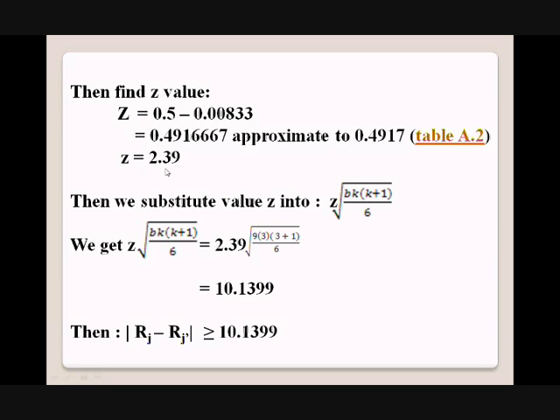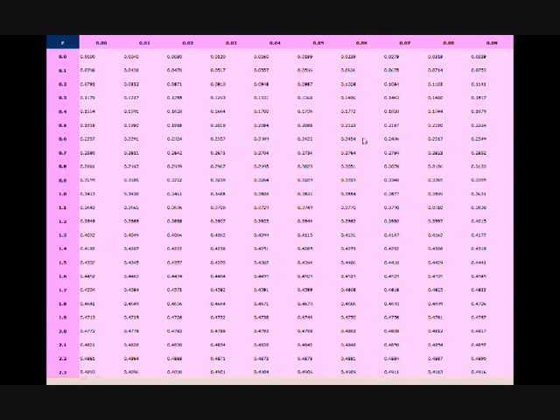Here I want to teach you how to get the value of z equal to 2.39 by using table A.2. Here is the table A.2. Here is the value of z, and inside here are the values of capital Z. Now we want to find the value of z. We know that the capital Z is equal to 0.4917.